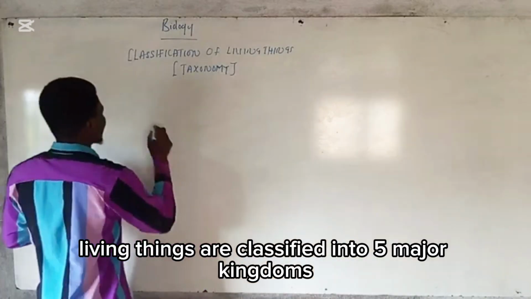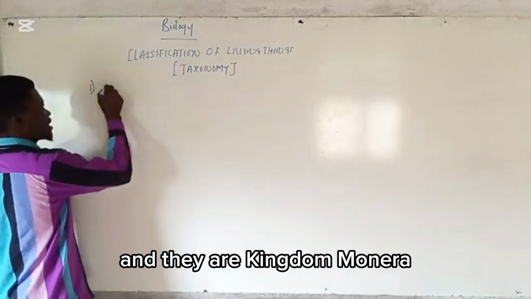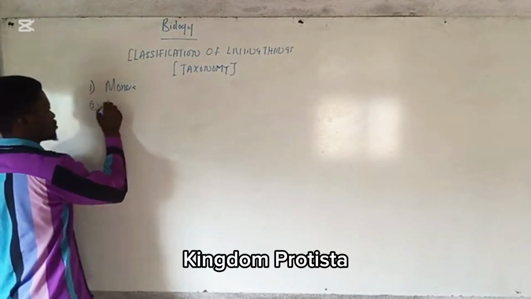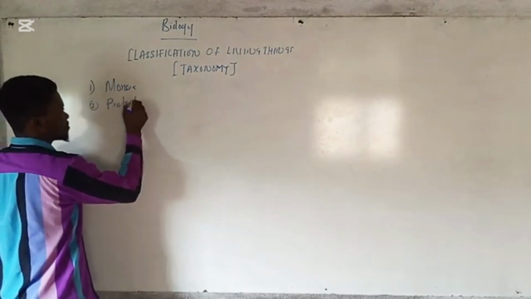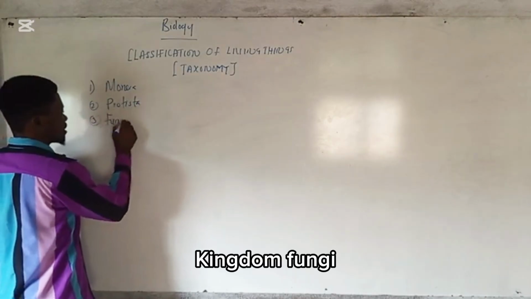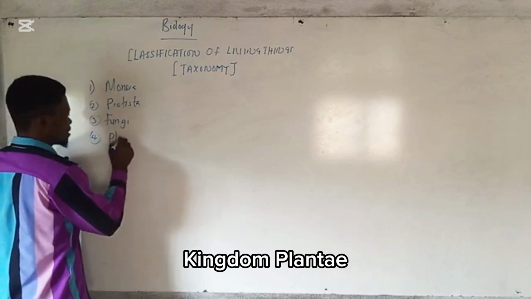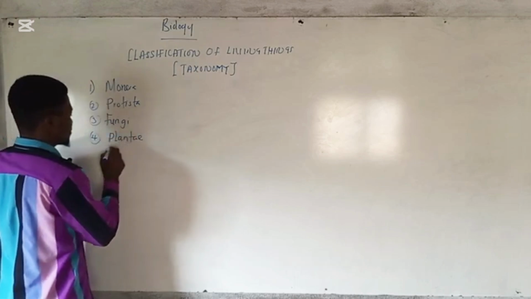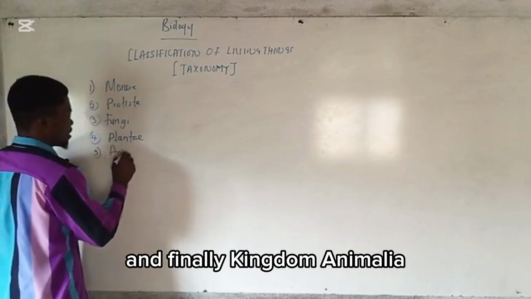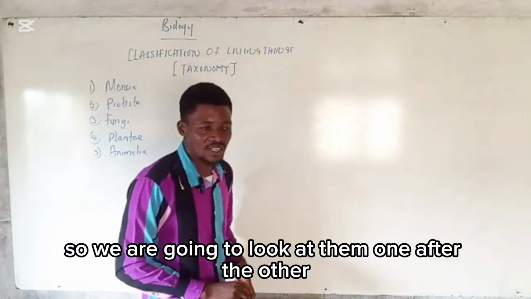And so living things are classified into five major kingdoms, and they are kingdom Monera, kingdom Protista, kingdom Fungi, kingdom Plantae, and finally kingdom Animalia. So we are going to look at them one after the other.